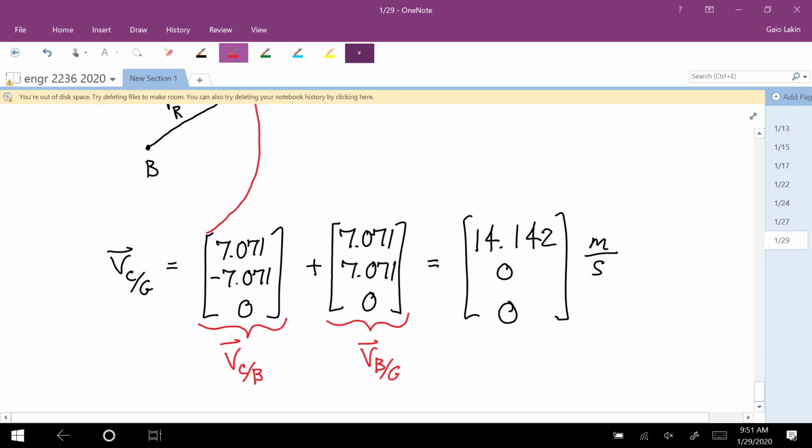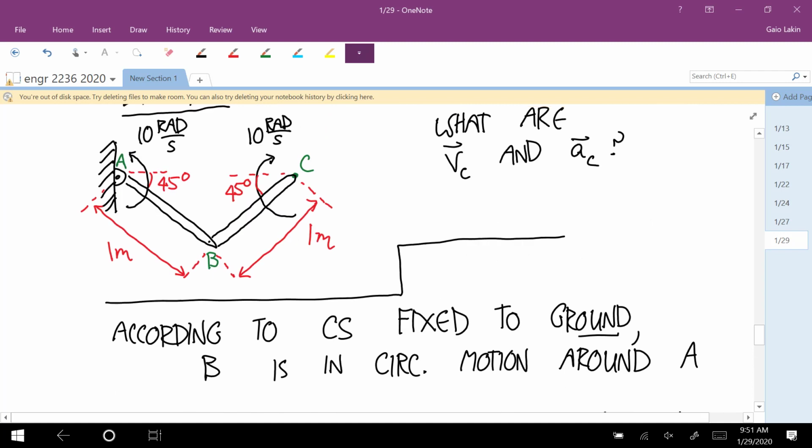And so what happens is, at that instant, as this body's rotating this way, and this body's rotating this way, that V shape is flattening out. And the effect is that you have a velocity to the right of that point C and no other components.